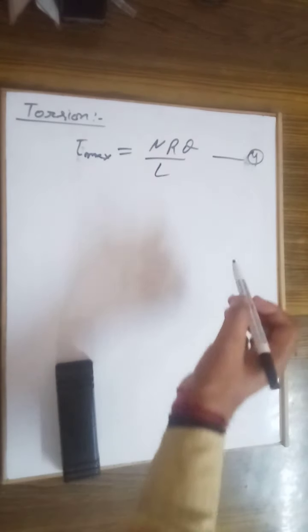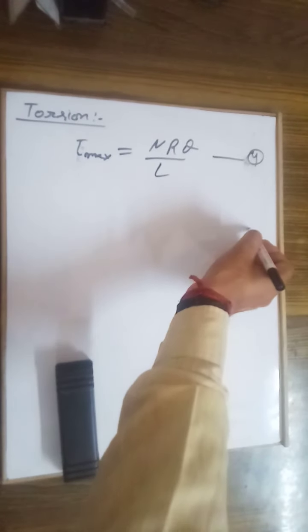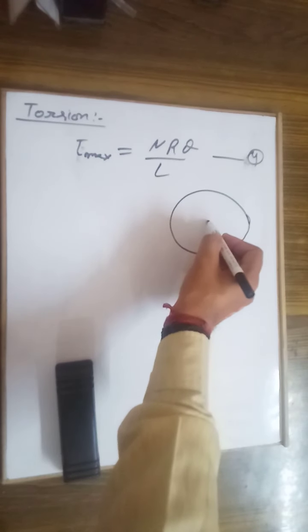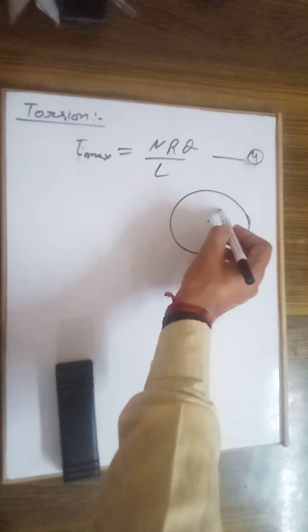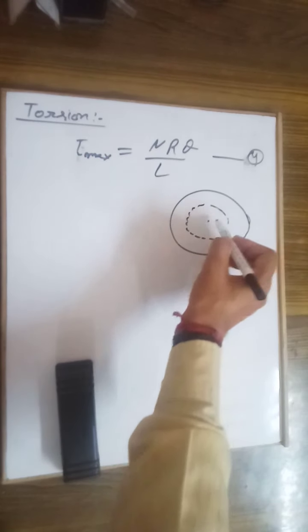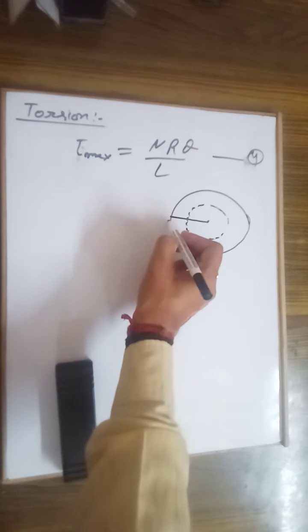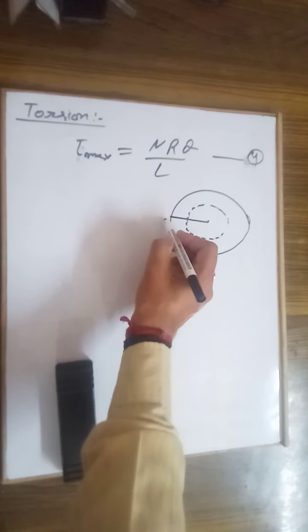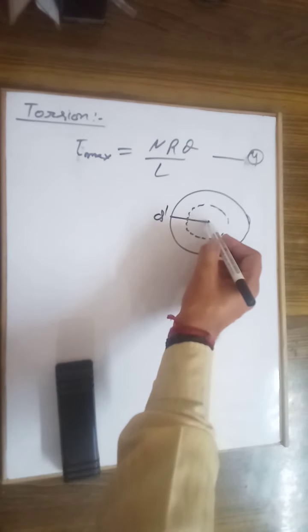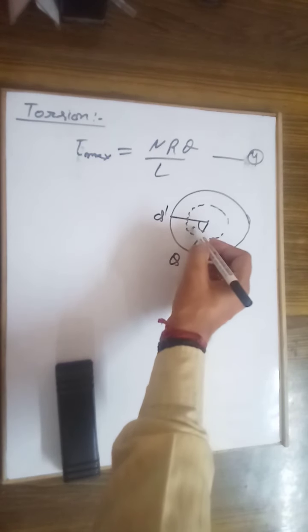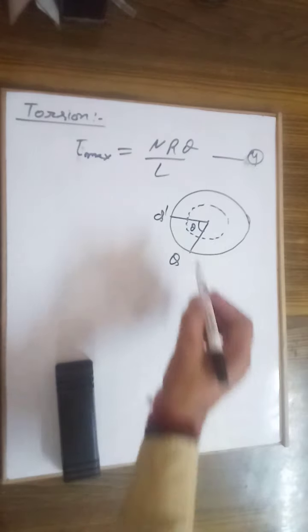Now let us consider, let me draw the circle again. If this is the central point O and this is another inner circle, I think we can say it's q dash, and here it is q. We have considered theta, the angle between them.